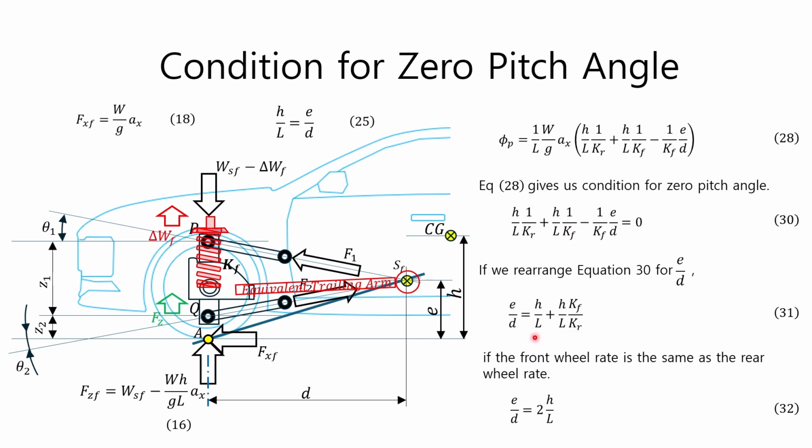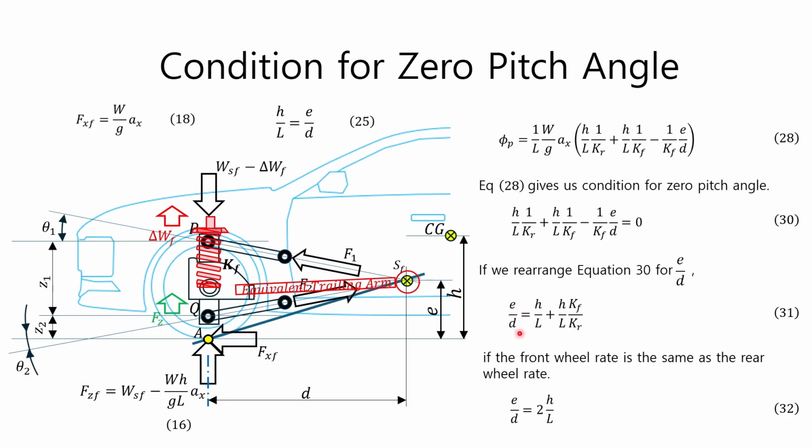The second term on the right side of equation 31 explains that if the front suspension wheel rate and the rear suspension wheel rate are not large, then in order for the pitch angle to become zero, under the condition of zero lift, the height of the center of gravity must be lowered by nearly twice, or the ratio of E to D must be nearly doubled.